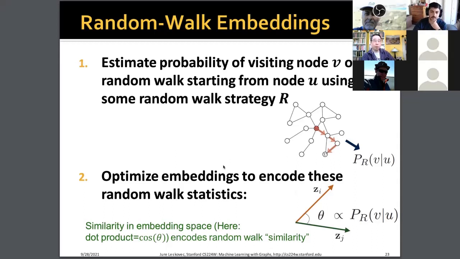Just to reiterate, by choosing whether or not nodes co-appear on random walks as our similarity measure, that's choosing what our labels are. That's choosing what kind of information we're going to wind up encoding into our embeddings. If we chose a different thing, we could get different embeddings. And if you look at these random walks, you can see you're going to get more information than just your immediate neighbors, because the walks don't just go to your neighbors.